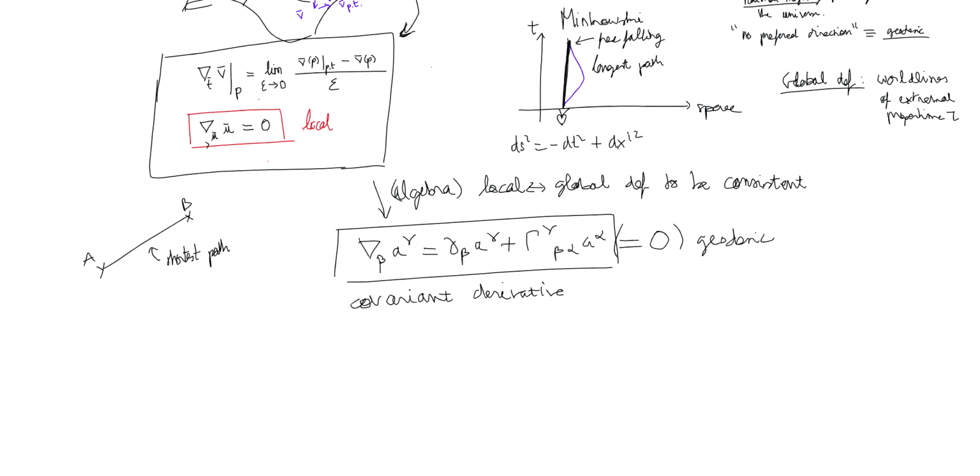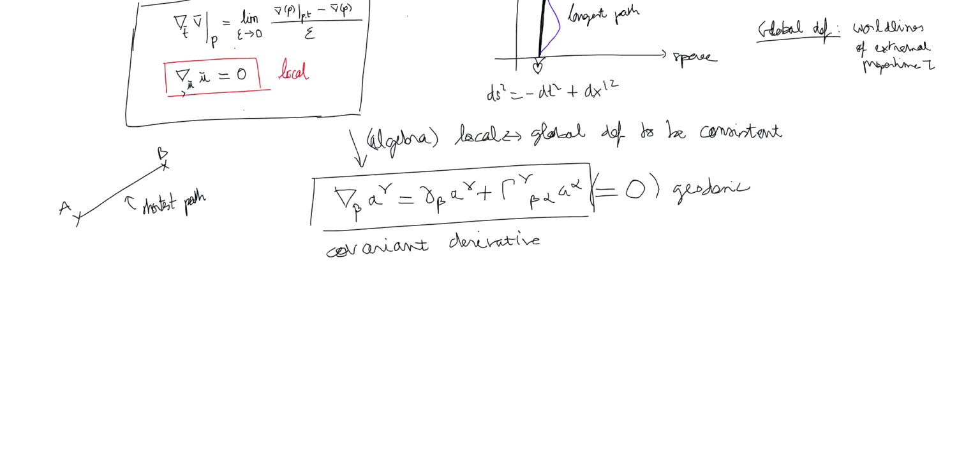Okay, so we got quite a nice mathematical expression, and we found again from our global definition from the last video the Christoffel symbols, which encode all information about the curvature from the line element or the metric of my spacetime.